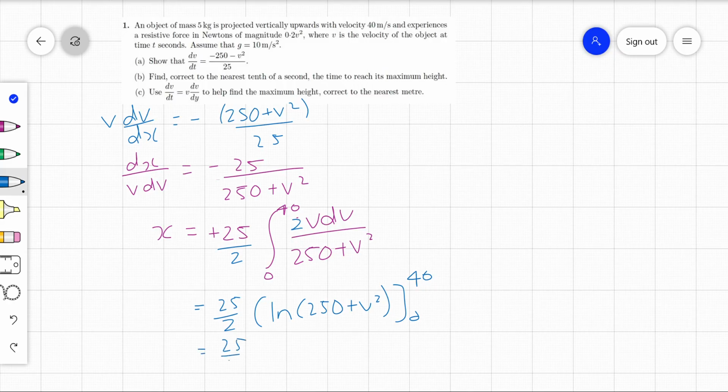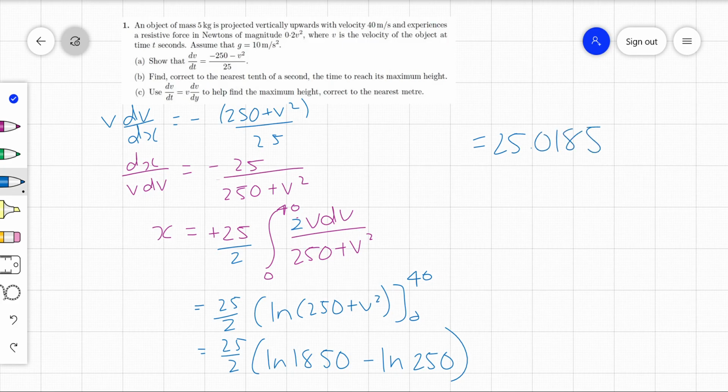All right, so 25 on 2, I'm going to get log of 250 plus 40 squared, which is 1850, minus log of 250 plus 0, so it's just 250. Again, if we put that in the calculator, we get 25.0185, which is approximately 25 meters, correct to the nearest meter.